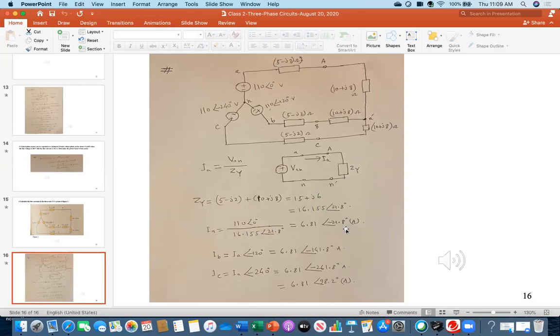That is my current. Then similarly go for B and for C in exactly the same way. The only difference is the phase angle, minus 120 and minus 240, because the voltage was at minus 120 and minus 240. The magnitude is the same, just the angles are different.